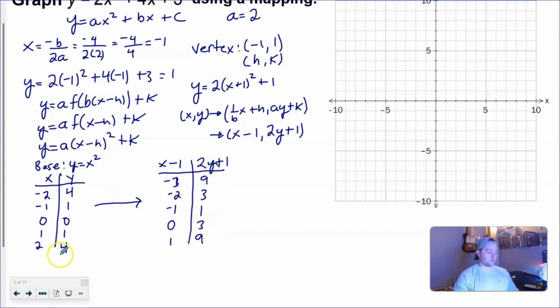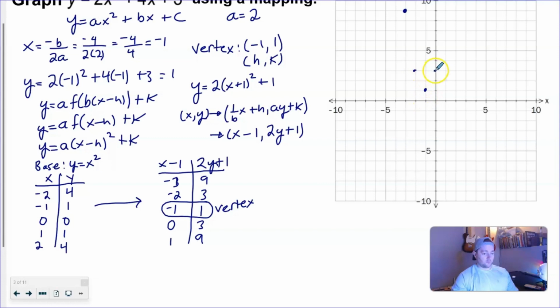What you should notice about the y values for a quadratic is that you get repetition. And if you did it correctly, your vertex is right here, the exact same thing as what we had up this way. So now we're ready to graph. We have -3 and 9 right up here. And then -2 and 3. -1 and 1.